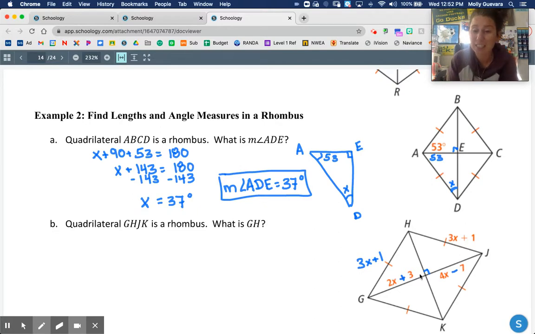They bisect each other. So that tells me that 2x plus 3 is equal to, sorry, 4x minus 7.